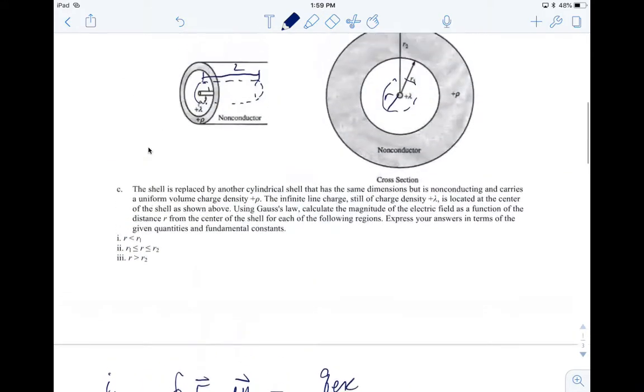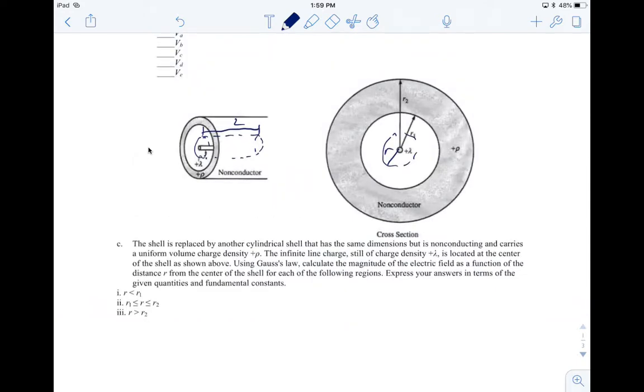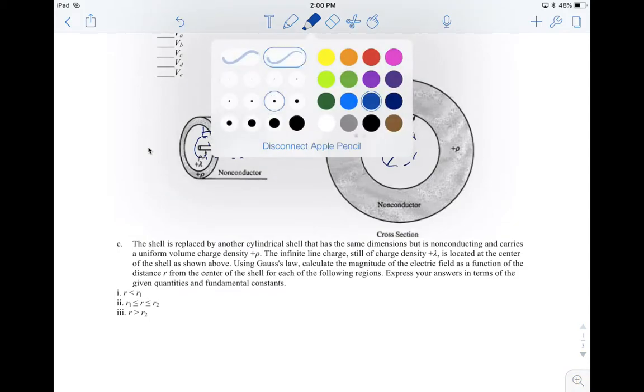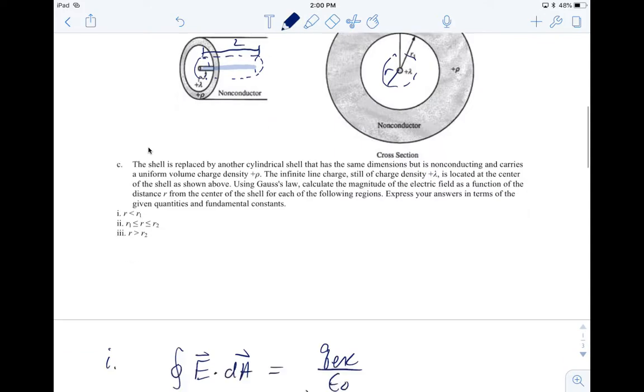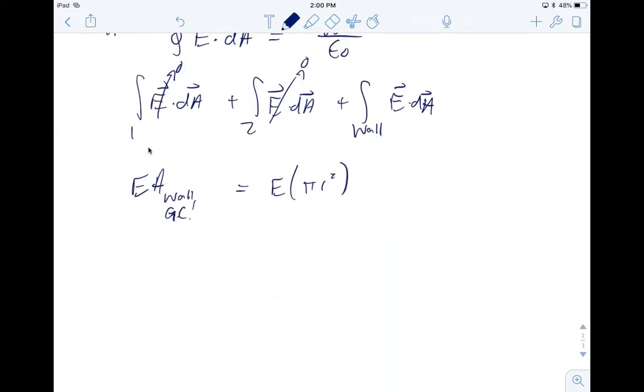The right side of the equation, we want to figure out how much charge is enclosed. It encloses a piece of that inside cylinder with lambda, right? So it contains just this little piece right there, lambda, that length of it. So Q enclosed equals lambda L, because lambda is charge per length.